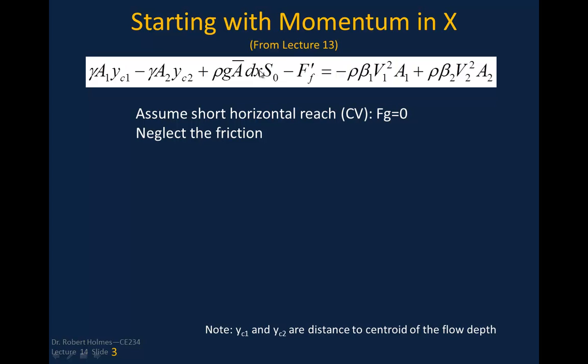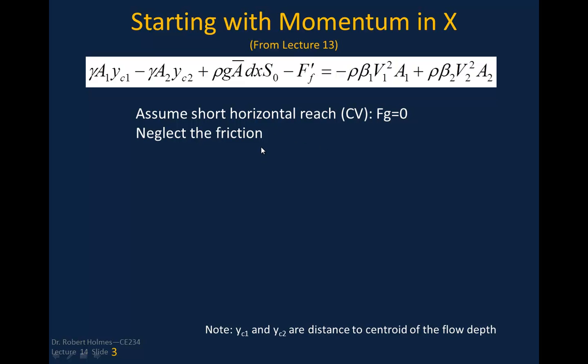You have the weight force in the x direction. You have the friction force on the boundary. And then on the right hand side of this equation, we have the momentum flux across the upstream control surface of the control volume, and this would be the momentum flux through the downstream surface of the control volume.